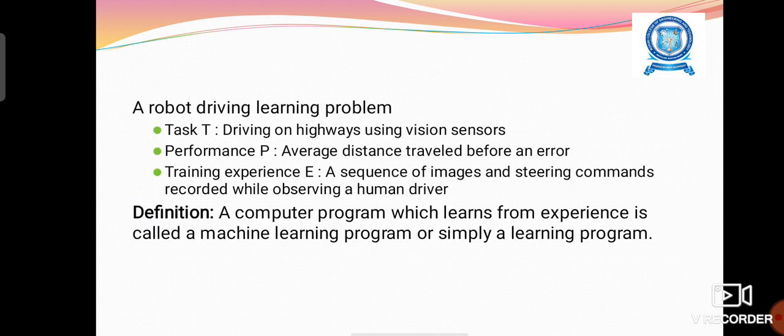Similarly, consider the robot driving learning problem. The task is driving on highways using vision sensors, the performance is the average distance traveled before an error, and the training experience is a sequence of images and steering commands recorded while observing a human driver.